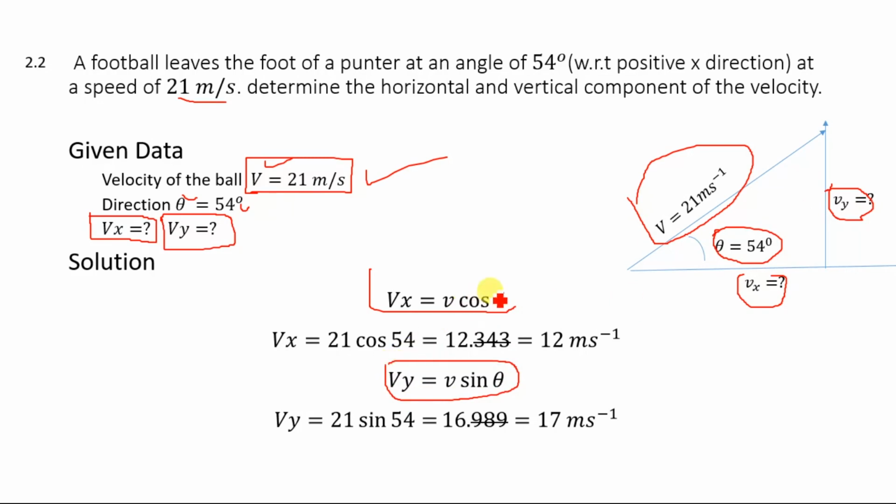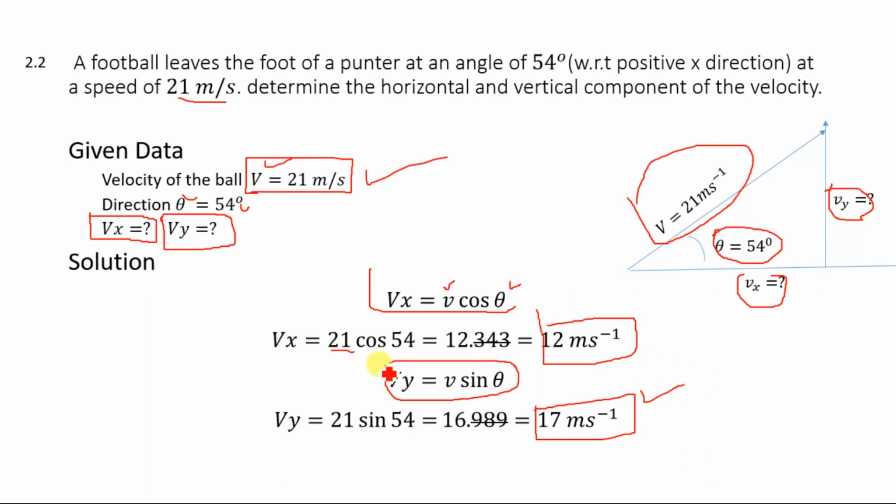So we will substitute the values for V and theta in these equations, and we will get Vx is equal to 21 cos 54, which is equal to 12 meters per second. This will be the x component of the velocity. Similarly, for the y component of the velocity, we will put the values of v and theta, which is 21 sin 54, and we will get 17 meters per second. That is the y component of the velocity.